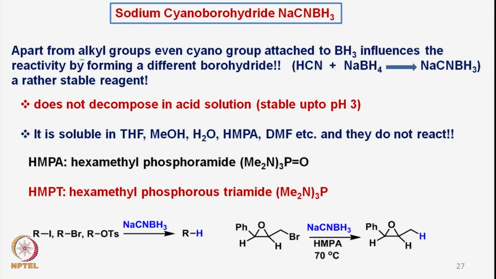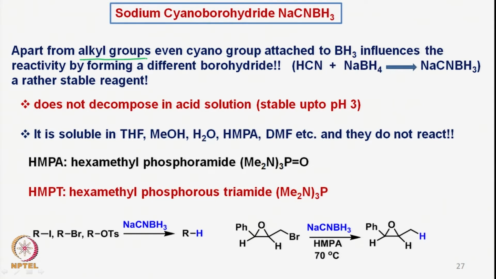Not only alkyl groups, which we saw in the case of lithium triethylborohydride or Selectride or LS-Selectride, where different alkyl groups are put in order to increase the electron releasing nature of the borohydrides, thus making them stronger and stronger reducing agents.